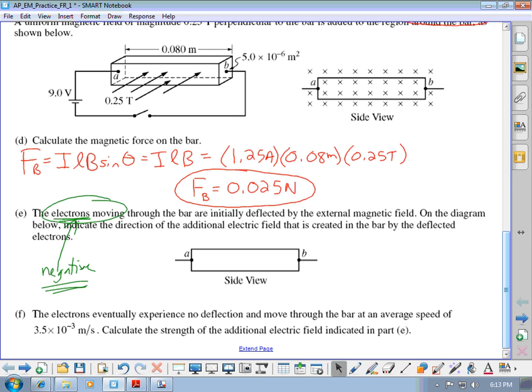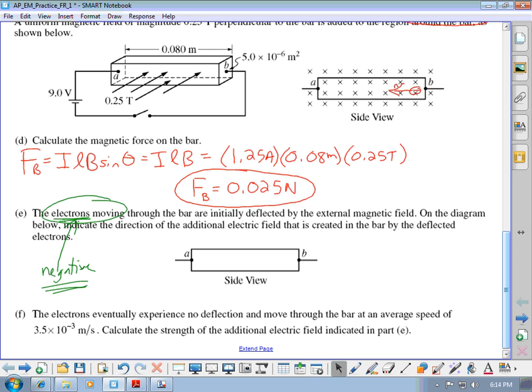So if we have this magnetic field that's pointing into the paper, there's a couple of ways of answering this. One of them is to say, okay, if I have electrons and they're moving opposite the direction of the current, from the right-hand rule, if I point my fingers in the direction of V to the left, and then I bend my fingers of my right hand to point into the board in the direction of B, my thumb is pointing down.